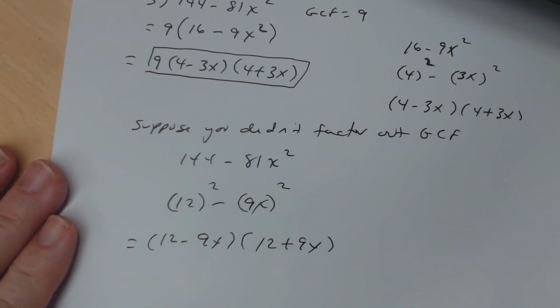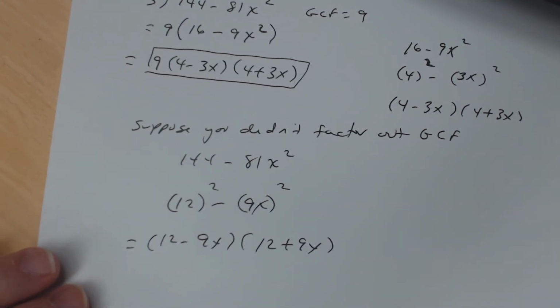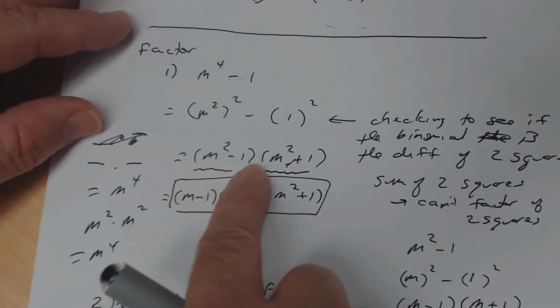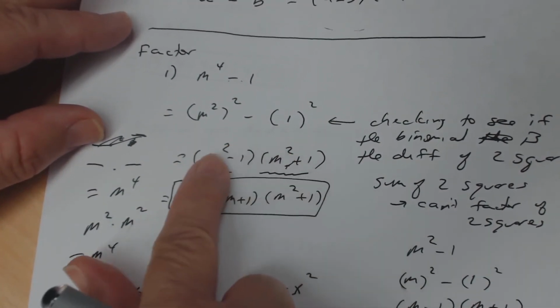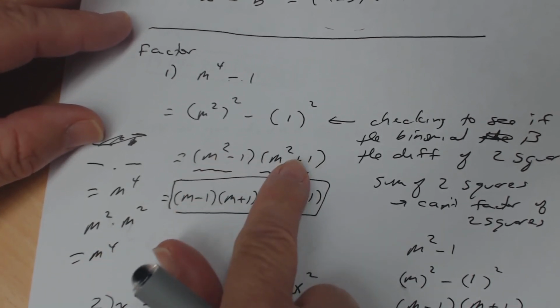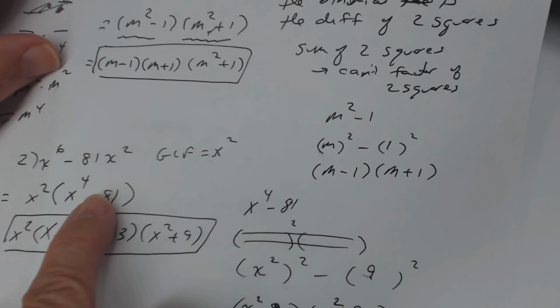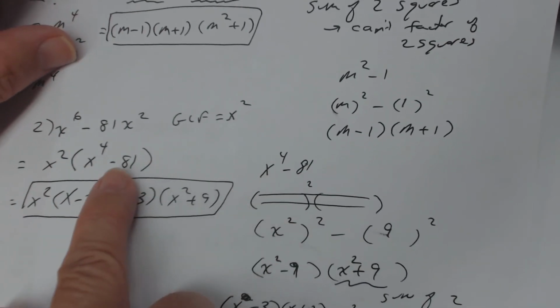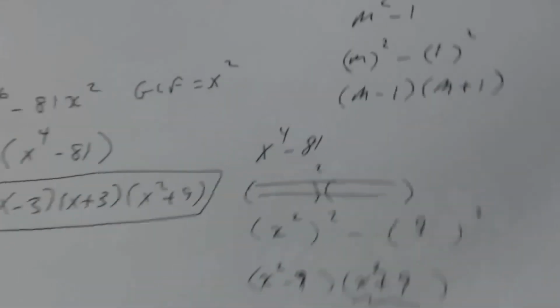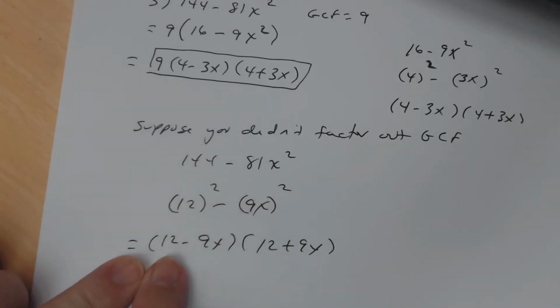Okay? But remember, just as we were doing, you don't automatically say that's the answer. You got to look at these factors and see if you can factor them further. So look at these factors right here, and see if you can factor it further, and I could in each case. So the same thing here.